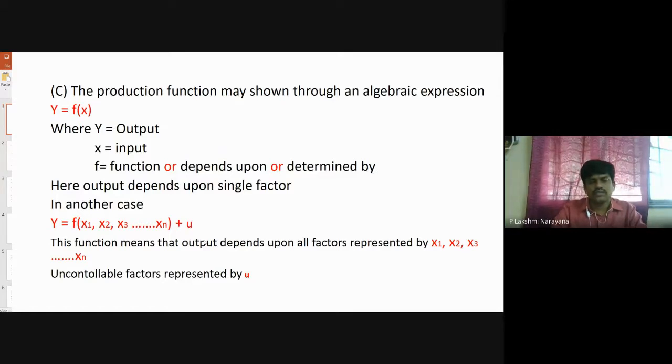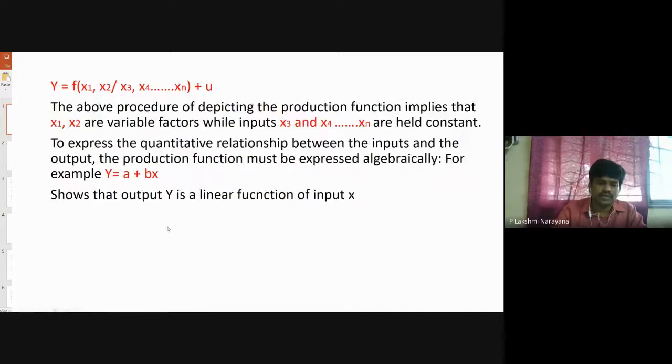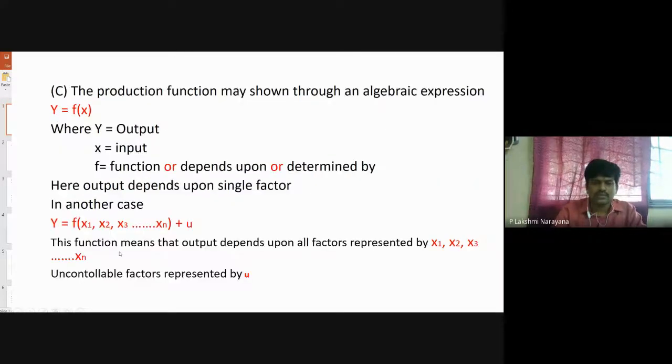In this equation, y is determined by a number of inputs. Here u is uncontrollable factors. These uncontrollable factors are represented by the term u.